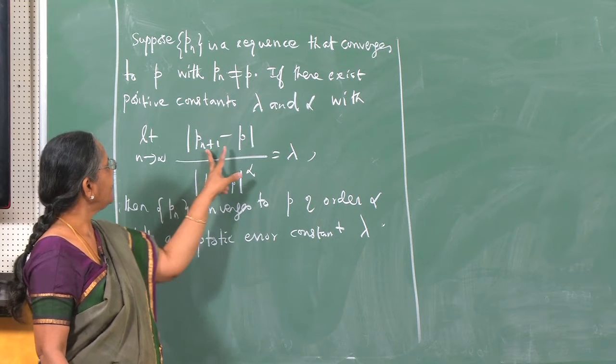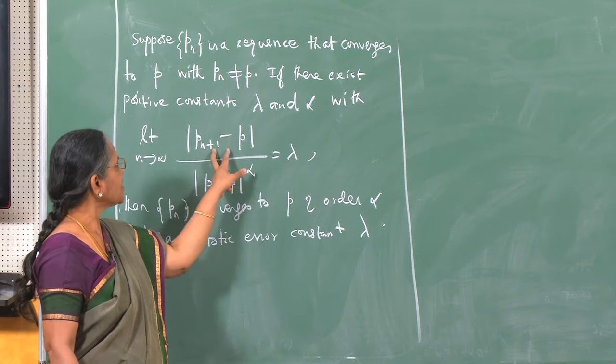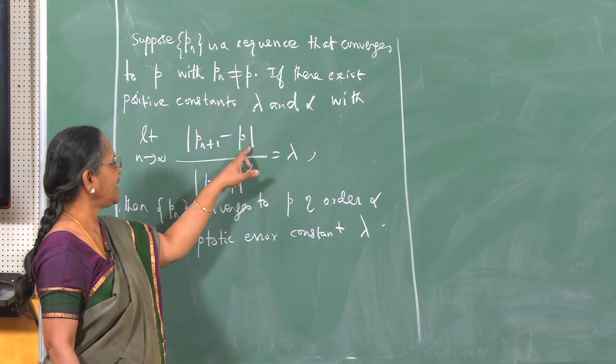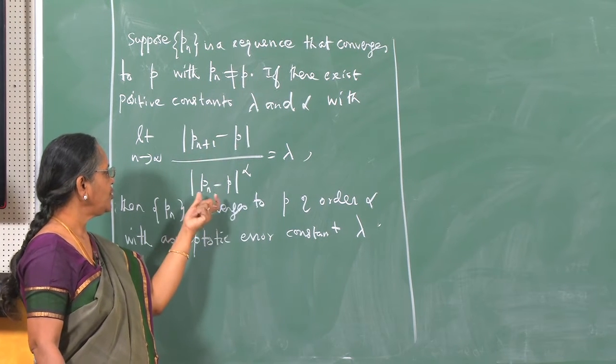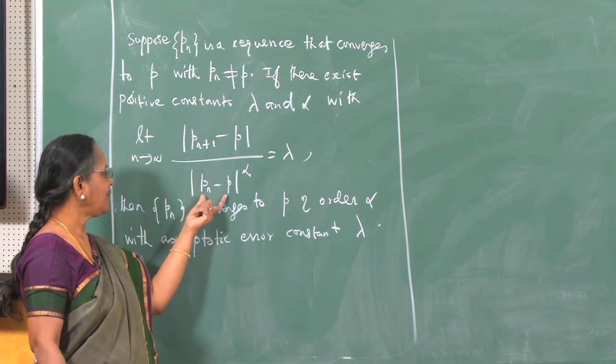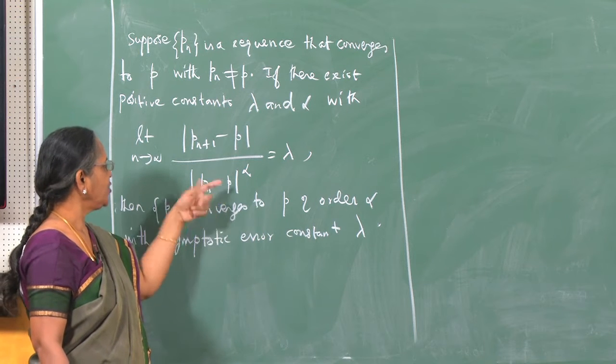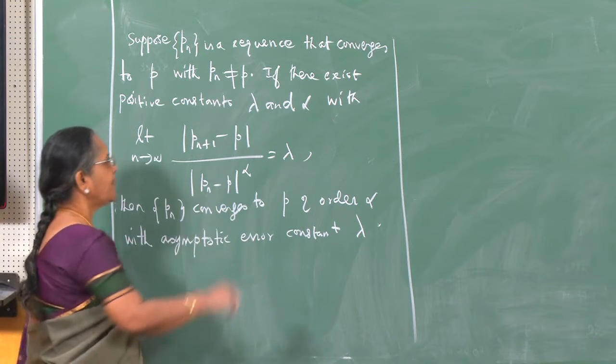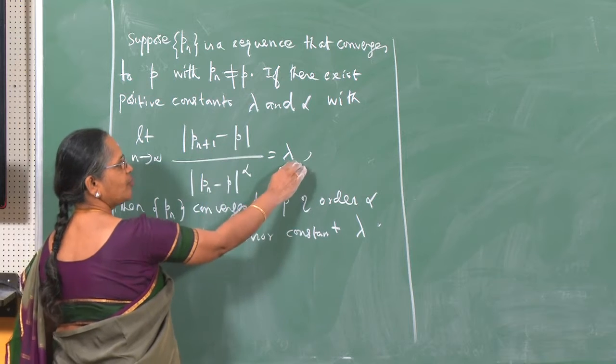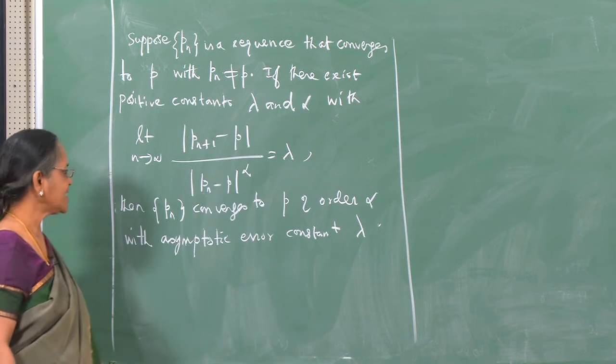Then the difference between the n plus 1th successive iterate and P in absolute value, divided by the alphath power of the difference between the nth successive approximation and P, is equal to lambda, a positive constant.